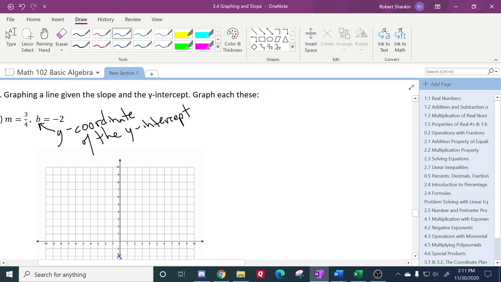Now the slope is 3/4. When the top part is 3, that means that's the rise. And that's the run. So from this point, I'm going to do my run first. I'm going to go 4 to the right.